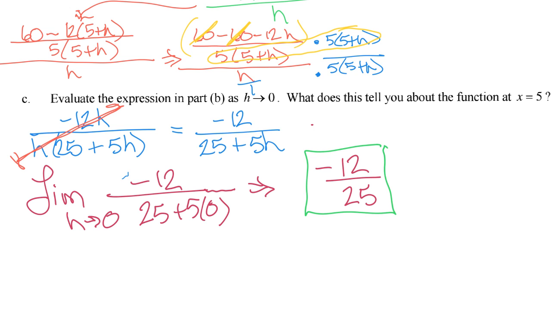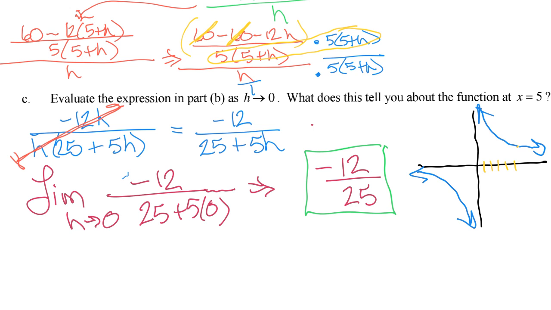Well, what does that mean? -12 over 25 is the slope of the tangent line of the graph at 5. So in other words, if you take a look at the graph of this, you know that this is a hyperbola. Let's just give a quick sketch. So if I have my two parts of my graph, and I'm looking for the tangent line at 5, right here.